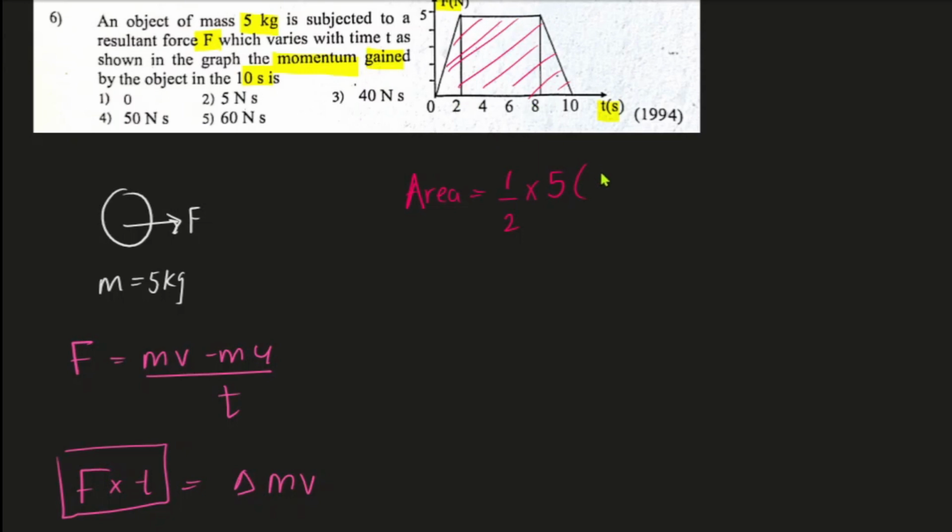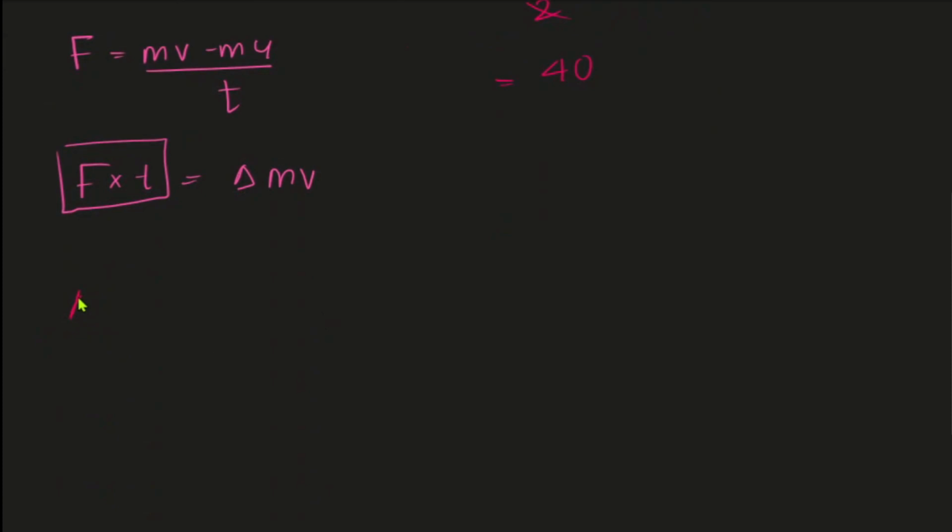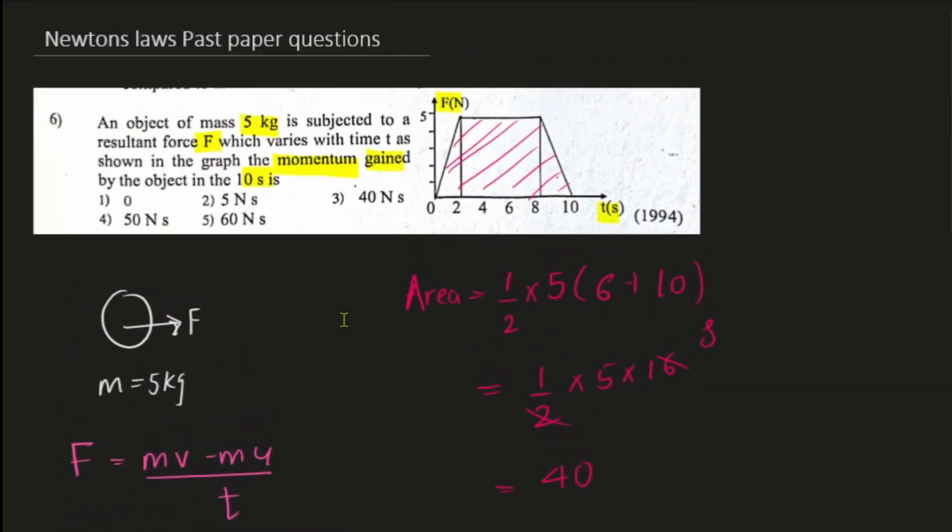The parallel sides, 2 to 8 is 6, and this is 10. So the area is going to be half into 5 into 16. This cancels out 8, so it's going to be 40. So the F into t product is 40, therefore delta mv is 40. We write the momentum change as 40 newton seconds. That is the third answer.